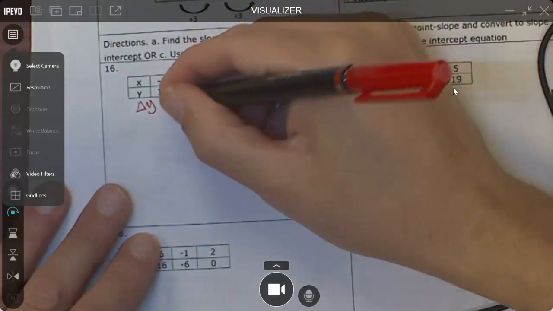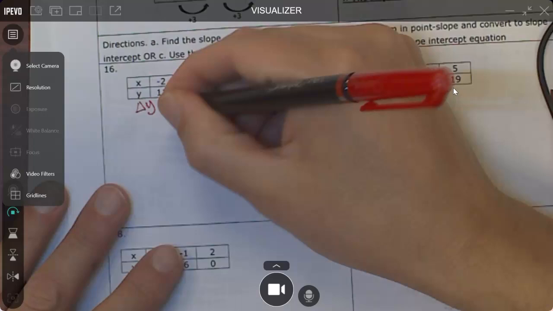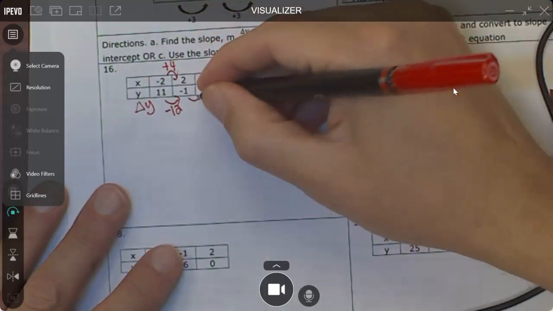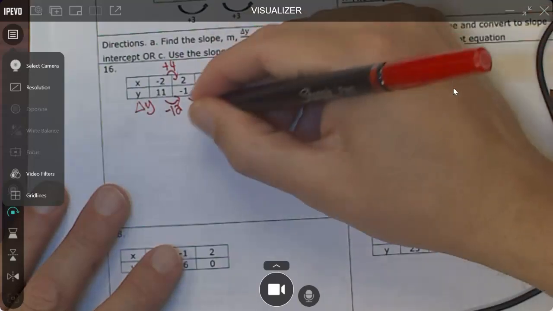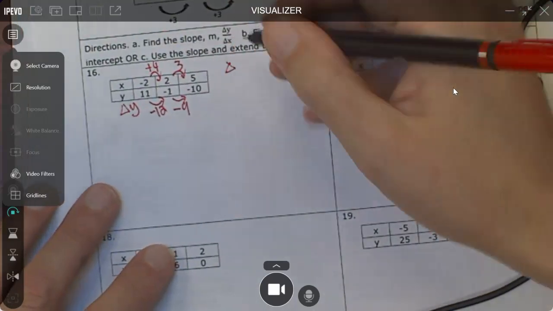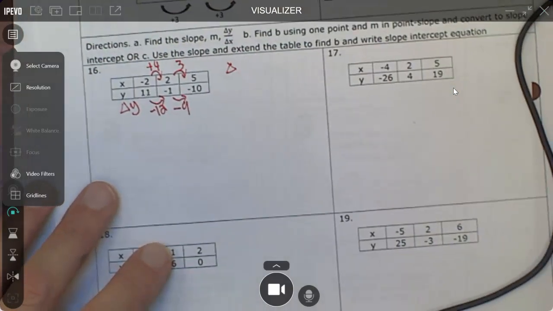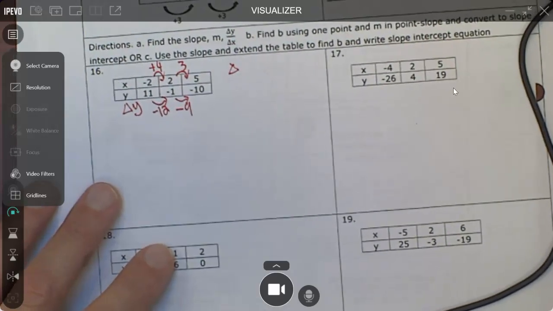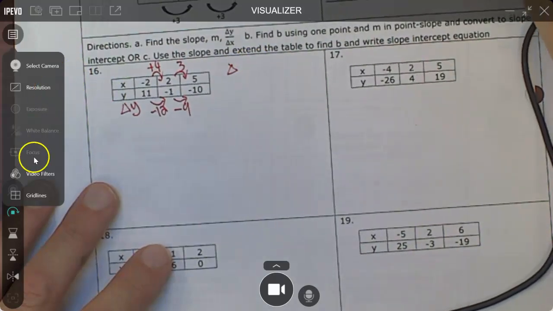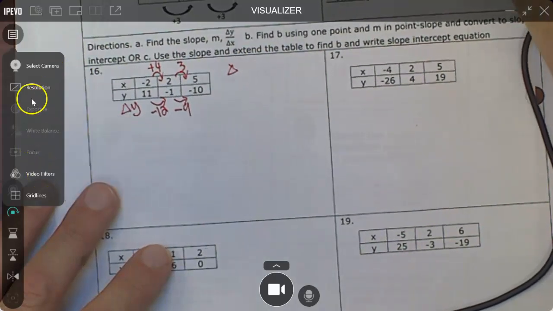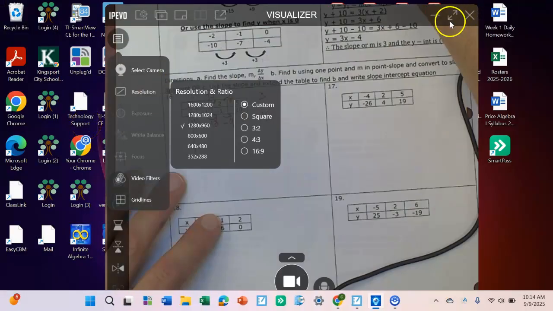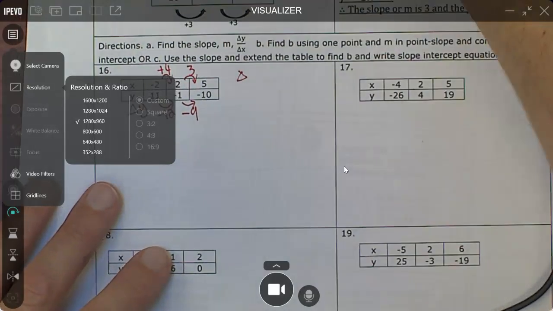Alright, find the change in Y. That went down 12. That went up 4. We went down 9. Up 3. So, alright.